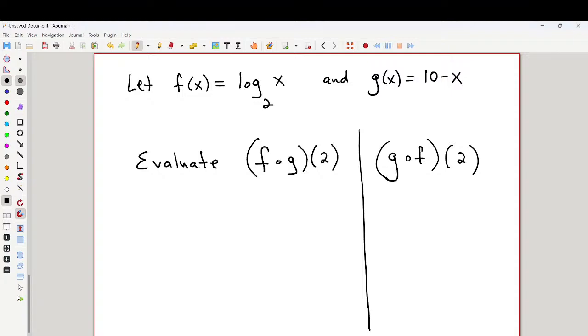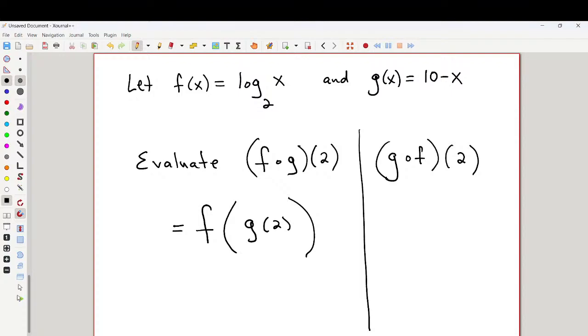So this means, well, I'll read it out loud again, f of g of 2, and it means f is the outside function, and g is the inside function. And that's where we start.